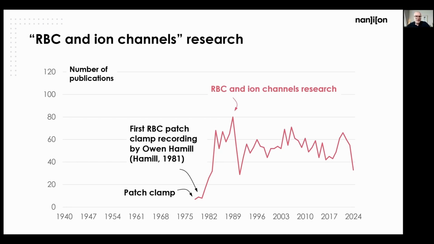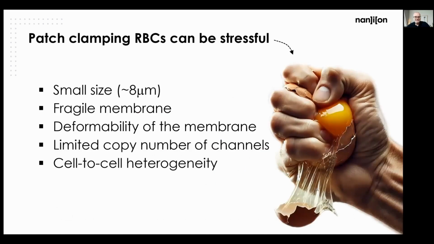One of the possible reasons is that patch clamping red blood cells can be a quite challenging exercise. This is because of the small size of these cells. Their membranes are quite fragile and deformable.